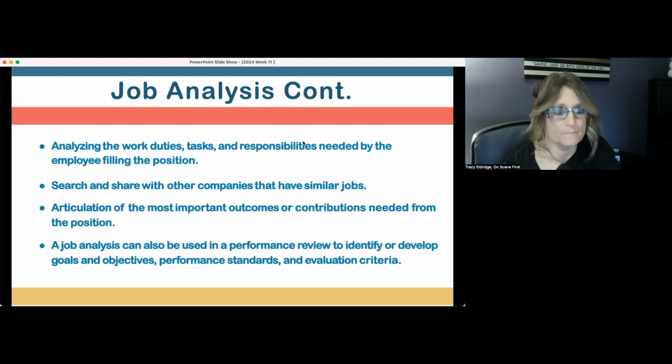I said that already. Articulation of the most important outcomes or contributions needed from the position. Like, knowing that it's a 24/7 operation, right?